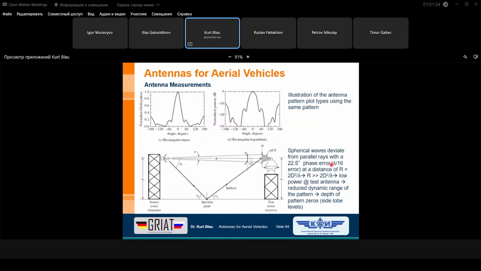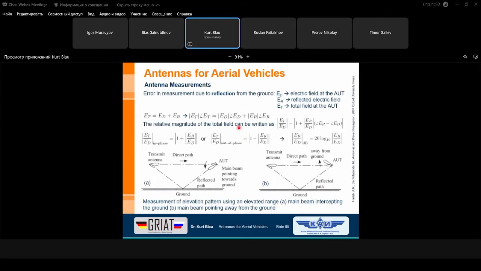If I switch back, we assume we have such an antenna here as an antenna under test. Means we have here the zeros in the range of, let's say, between 7 and 90 degrees. And roughly this should be this angle, let's say 45 or 50 degrees. And if you have here a 0 or a very small side lobe level, then the influence on the measurement result is very low.